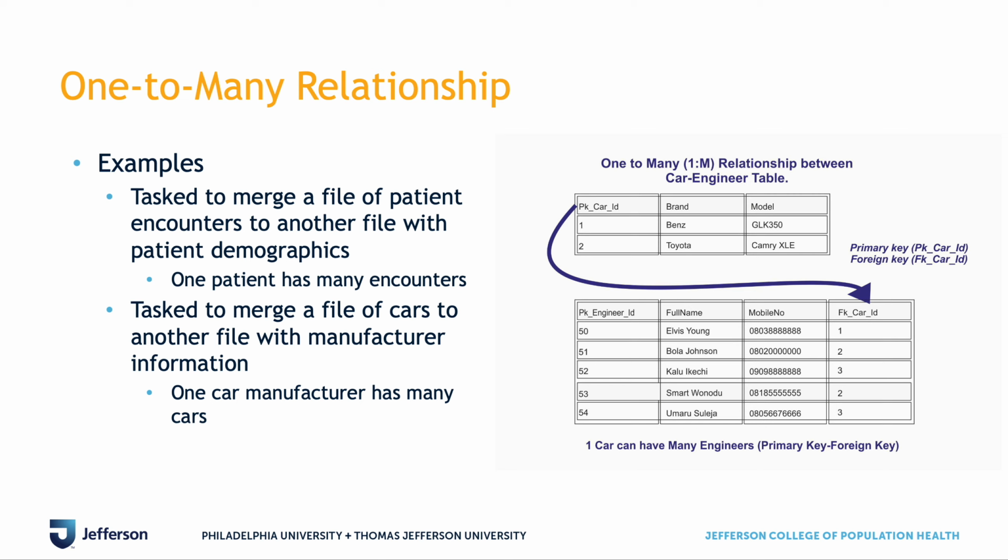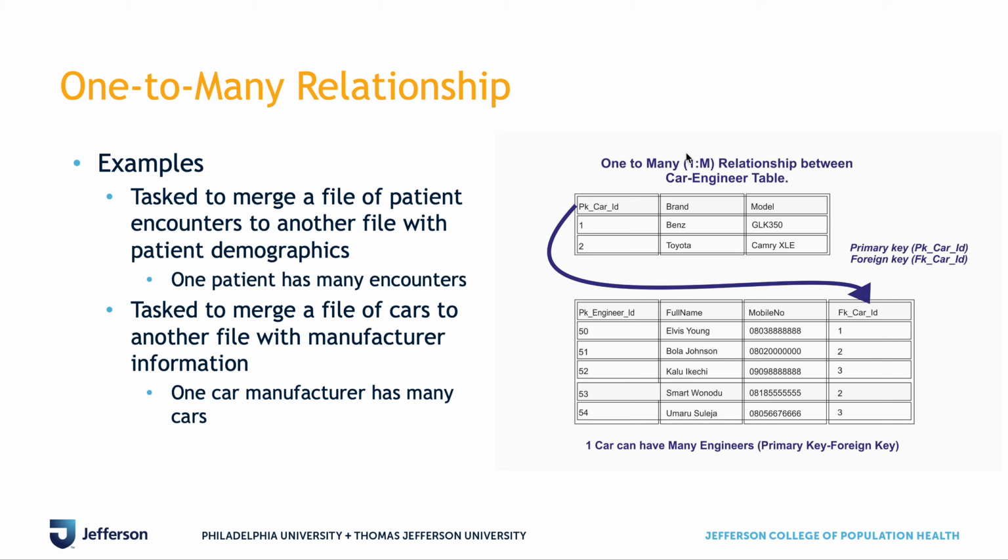You won't have multiple ages or multiple genders. You will identify as one thing, or you only have one age. However, if you're going to merge that with an encounter table where, let's say, that patient has 4 encounters, the keys that you're going to merge on are going to be duplicated in one table, and there's only going to be one in another. So when you left join on that, the result is going to be the number of rows per unique key in the table with multiple keys.